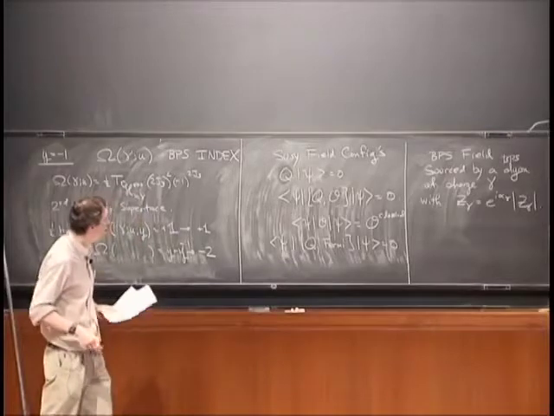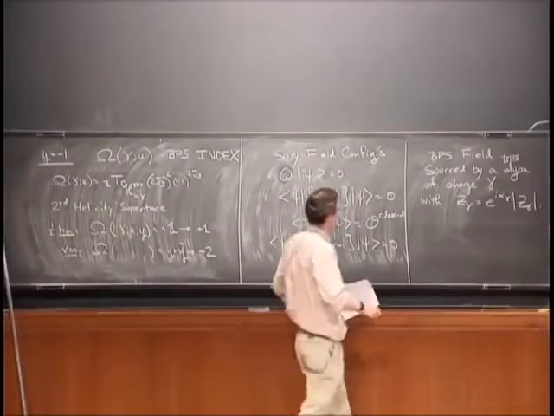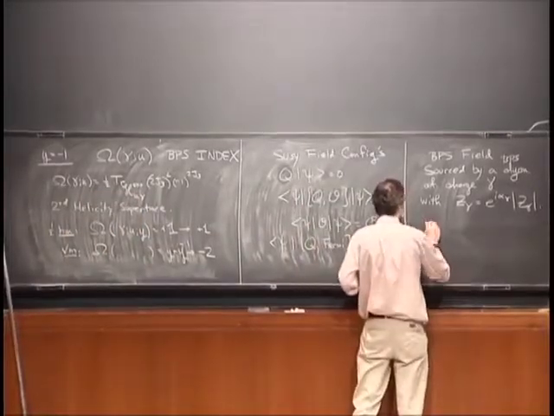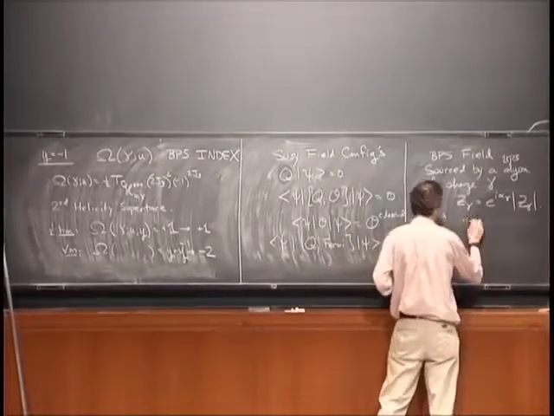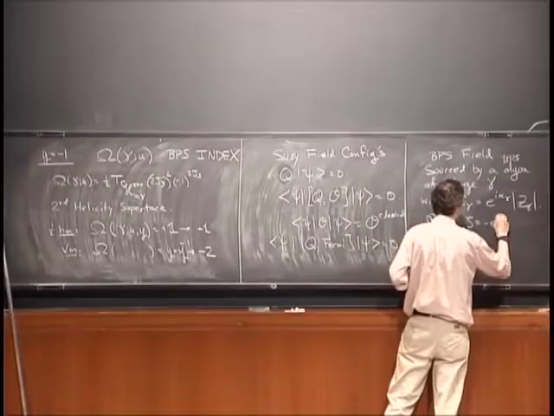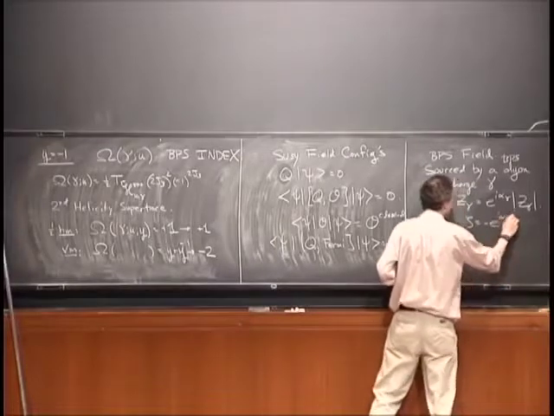Okay, so we saw at the particle level that we have these unbroken R supersymmetries with zeta equals minus e to the i alpha gamma.